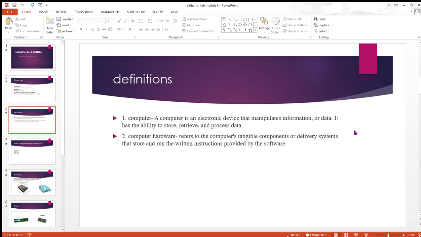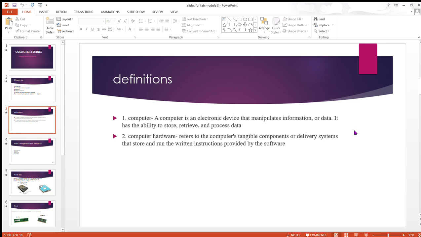A computer is an electronic device that manipulates information or data, which means that it has the ability to store, retrieve, or process data. Now, when we talk of the computer hardware, that is our main interest today.